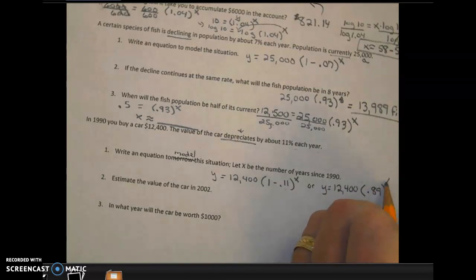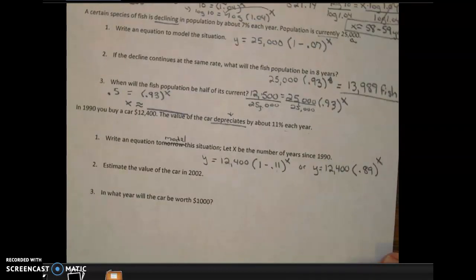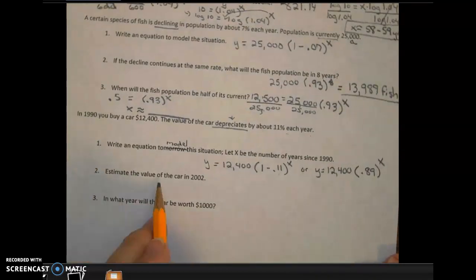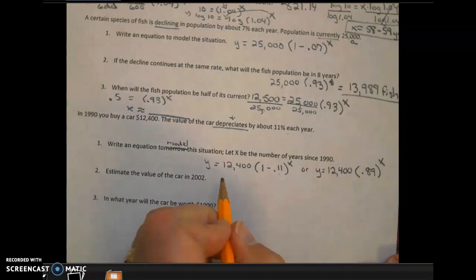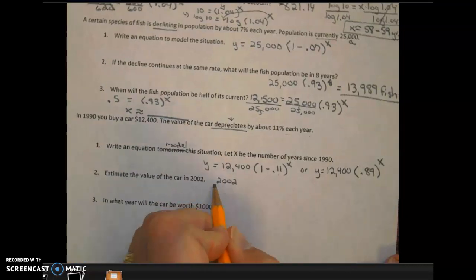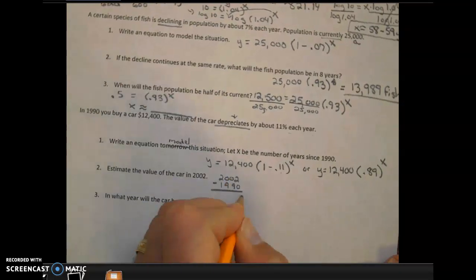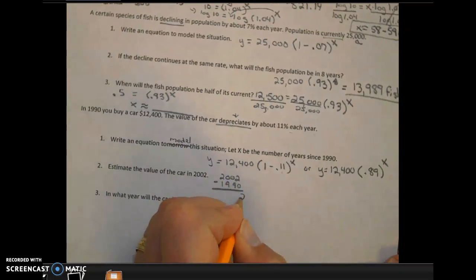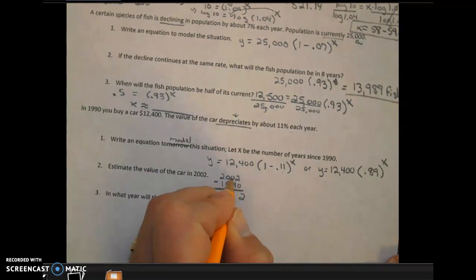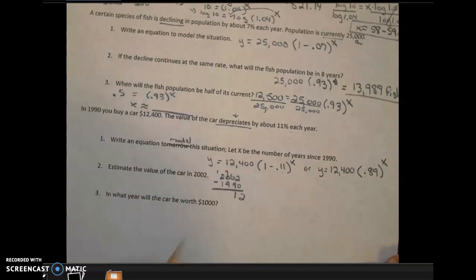It says estimate the value of the car in 2002. Well, this is the value in 1990. So you need to find out how many years has passed. So you take 2002, subtract 1990, okay, and you're going to get 12.